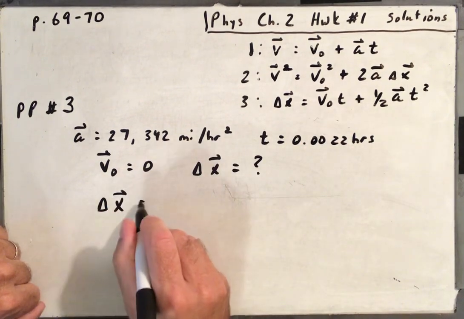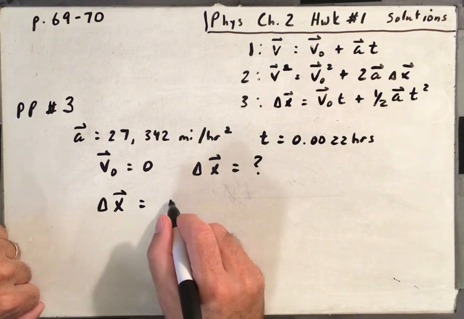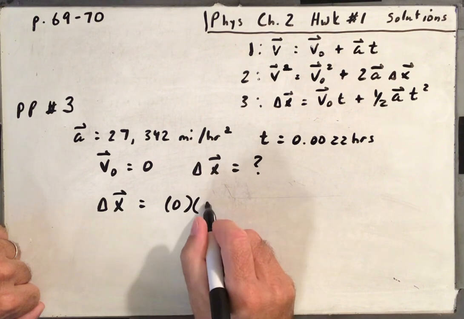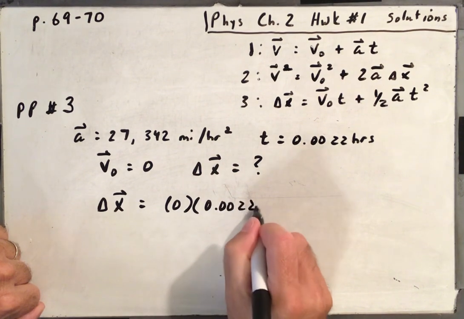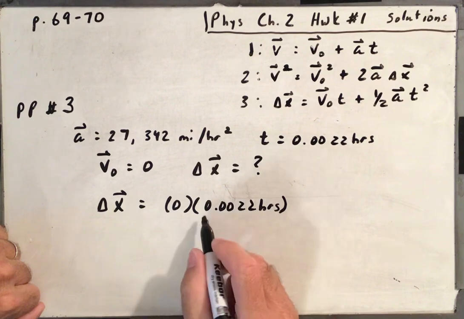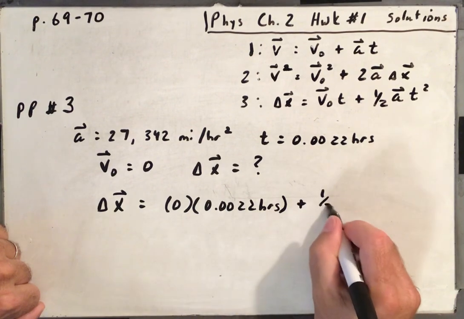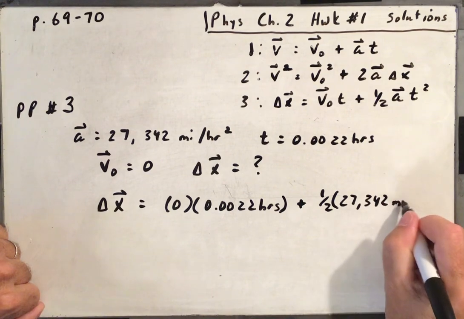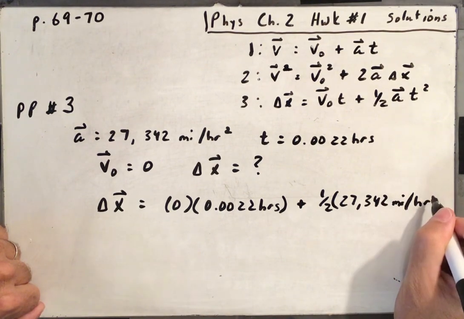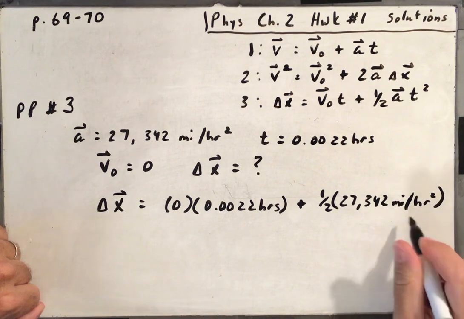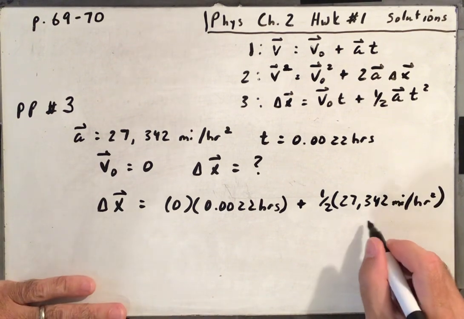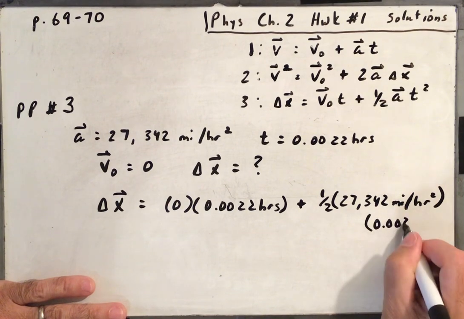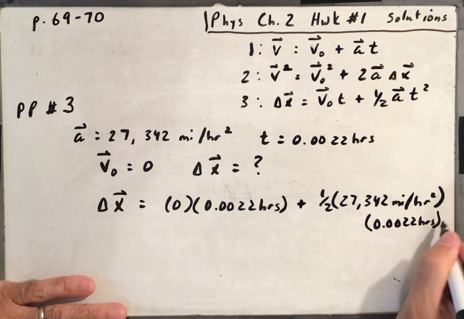So delta x is equal to the initial velocity, 0, times time, which we could just put 0 in for this whole thing, right? Plus 1/2 times 27,342 times, sorry I ran out of room here, it's not very good placement, 0.0022 hours squared.